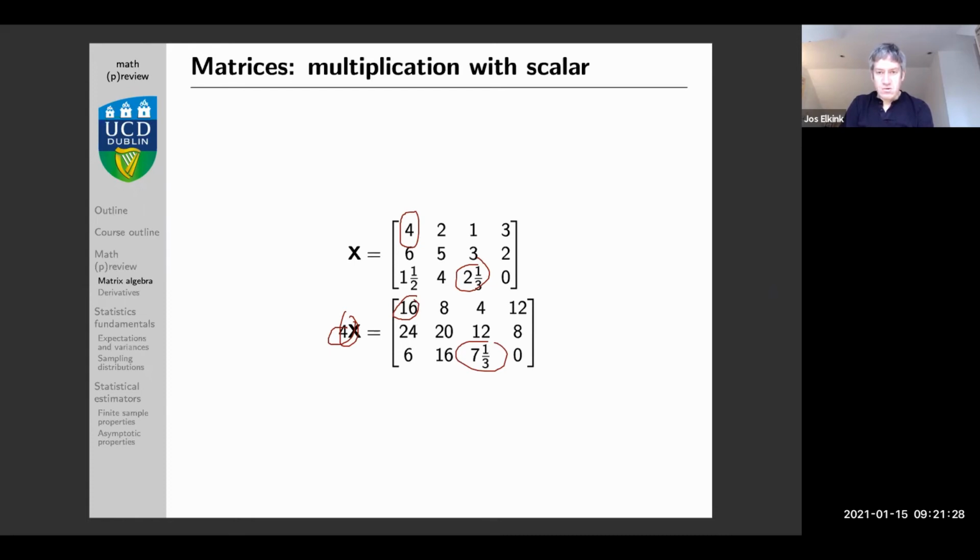Is that true at all? That is wrong. That is a typo. So 4 times 1 1/3 is 9 1/3. My apologies. So 4 times 4 is 16, and so forth. That was a calculation error in my slides.